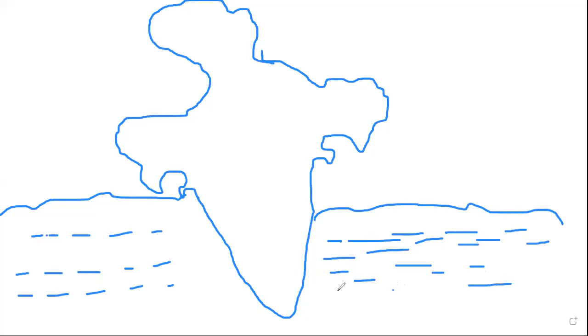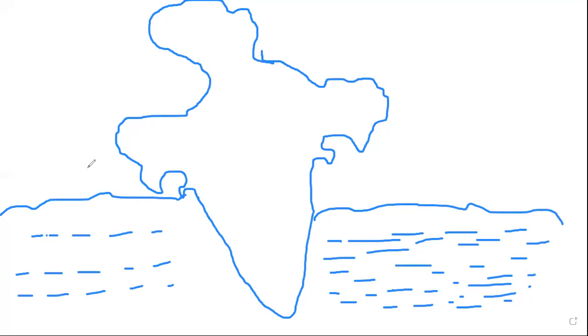Now, what causes rain in our country? We need to understand why India is called the land of monsoon climate. You know, this word was given to our country by the British people. They had first declared that India is a land of monsoon climate.